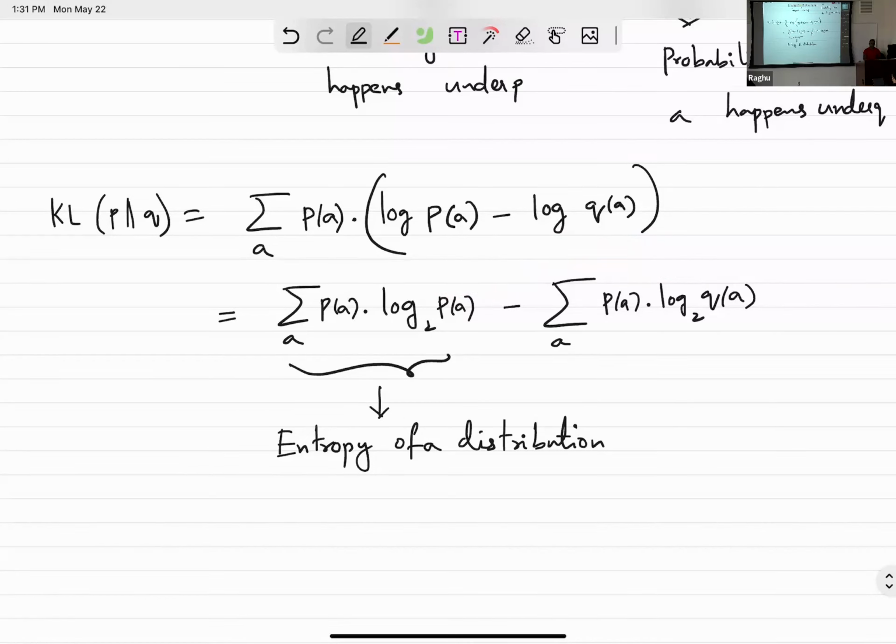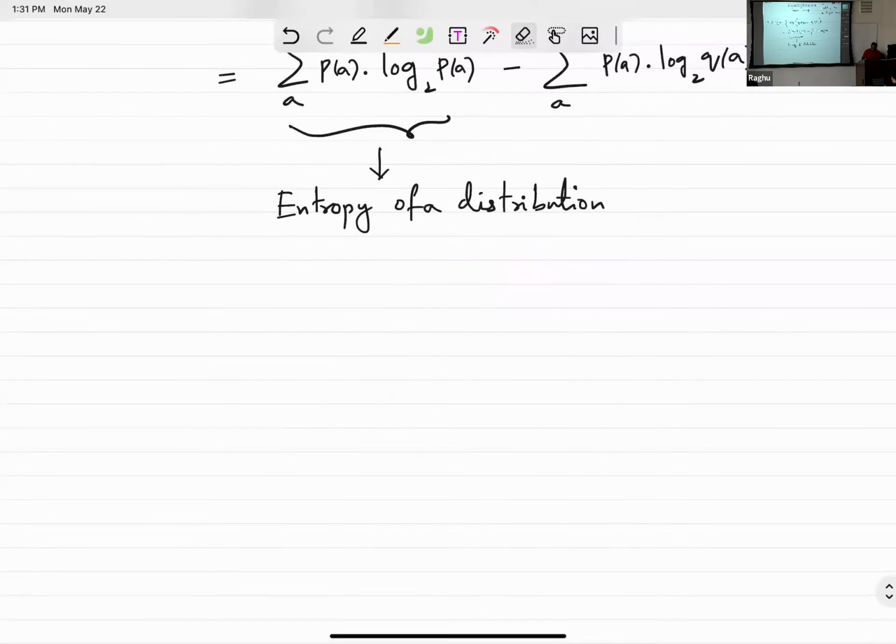All right. And as an example, let's say my sample space is just 0 and 1.